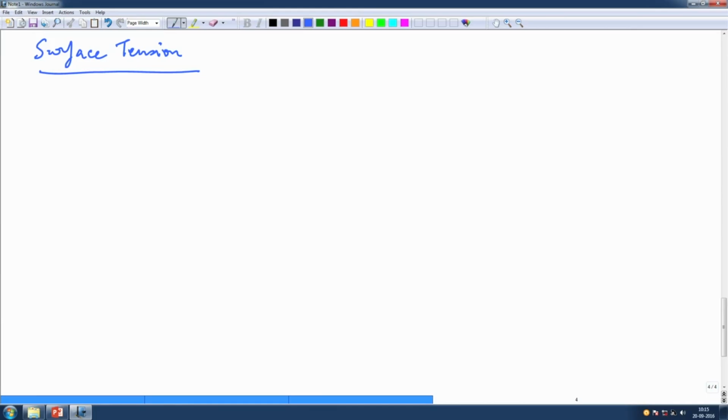For example, if you have a droplet sitting on a solid surface, where this is liquid and this is the vapor, there is surface tension between the liquid and the vapor. There is also surface tension between the liquid and the solid and the vapor and the solid, and this is what in common parlance people call the three phase contact line.